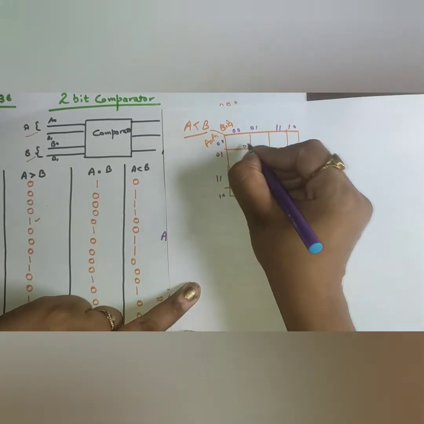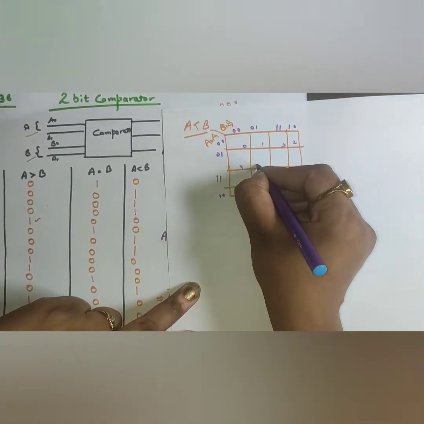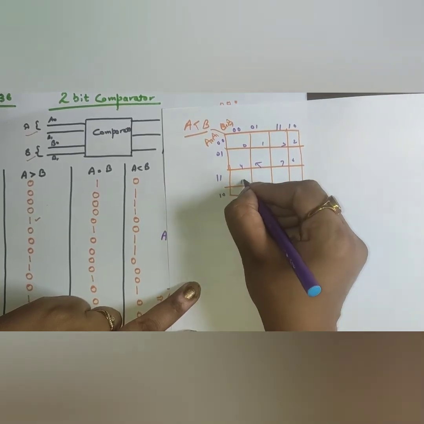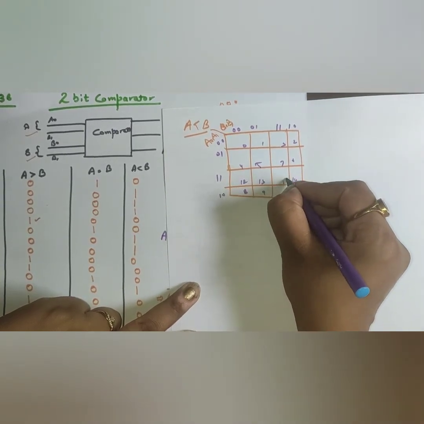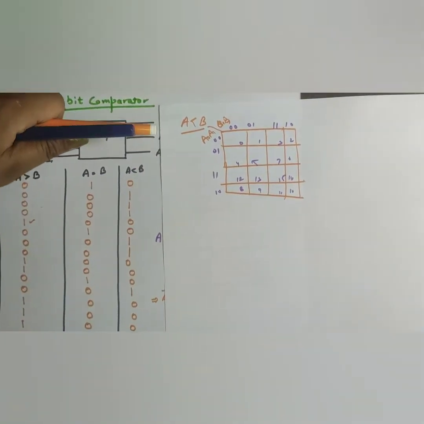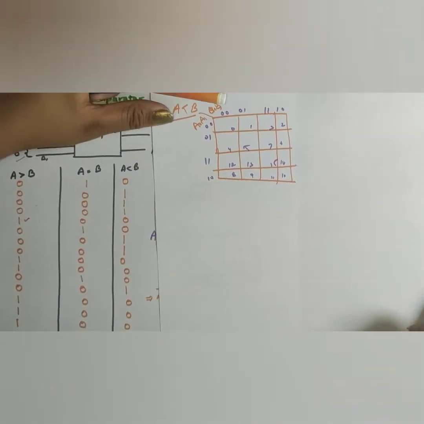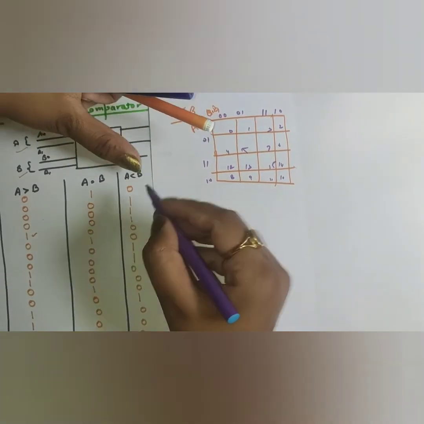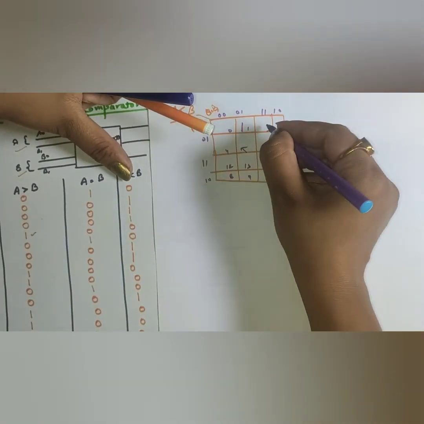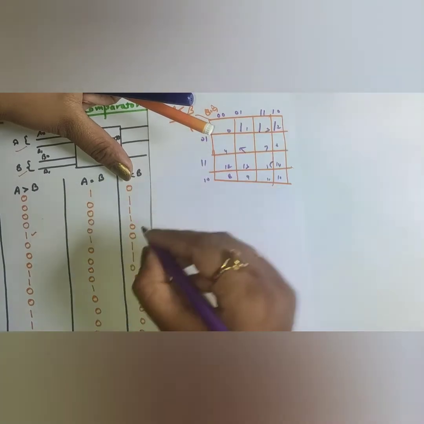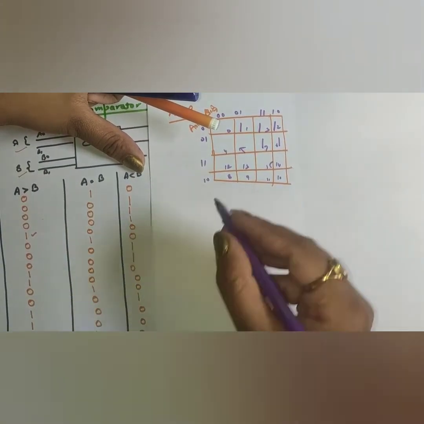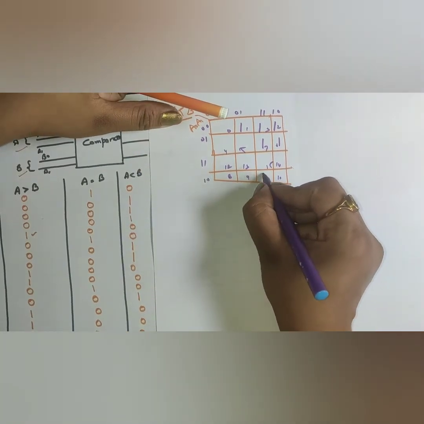So 0 1 2 3 4 5 6 7 8 9 10 11 12 13 14 15. I should not revise all the things again. So you can make only the one, that is 1 2 3 4 5 6 7 8 9 10 11, and this is 11.